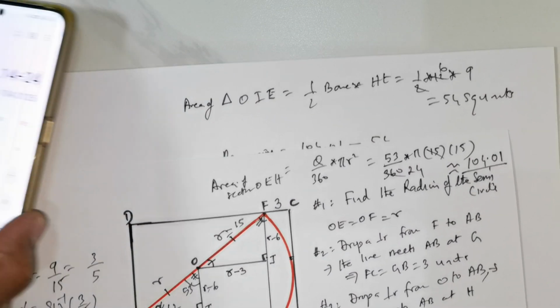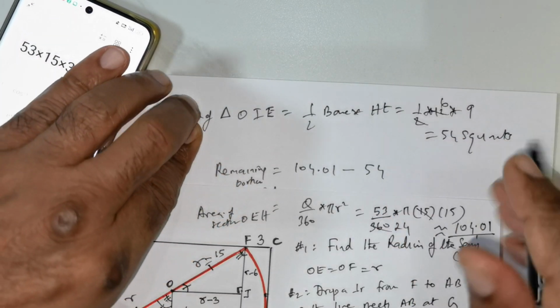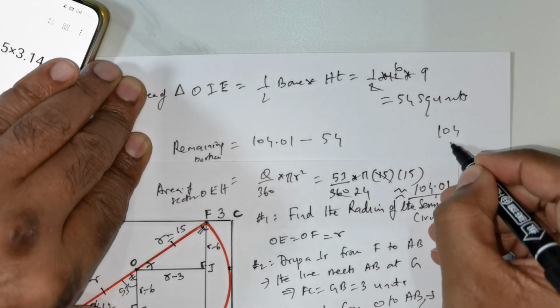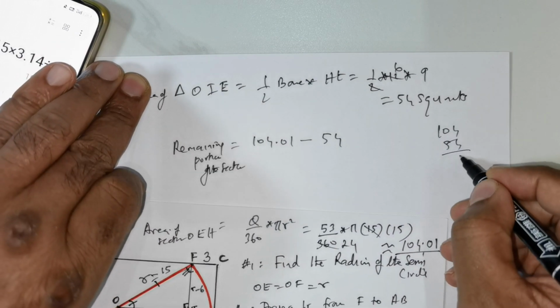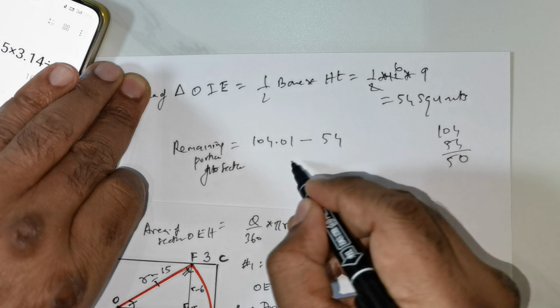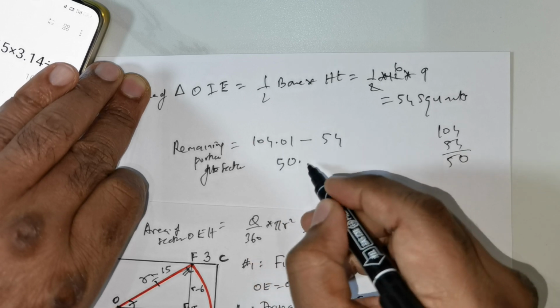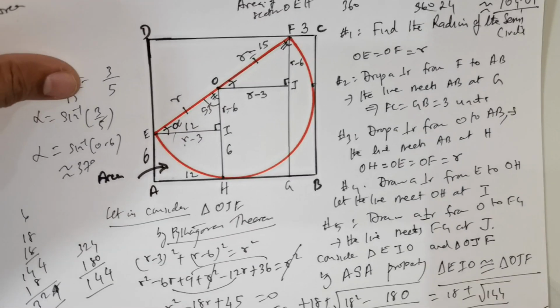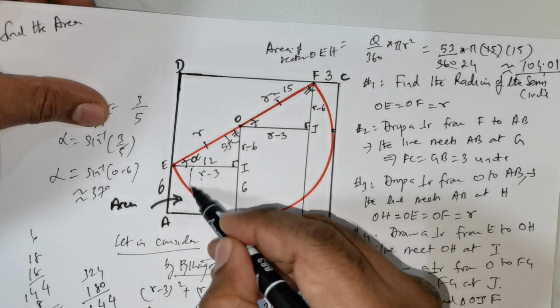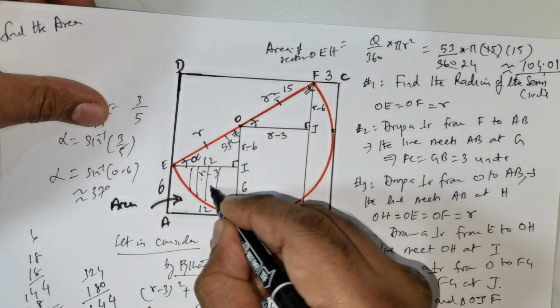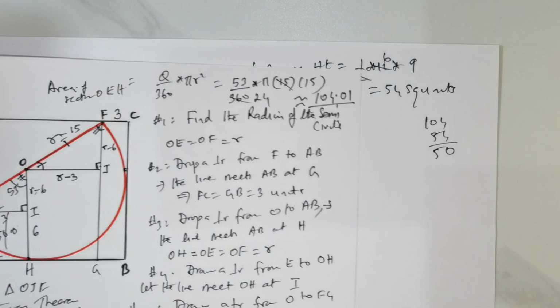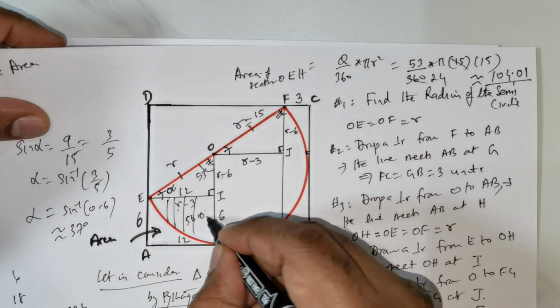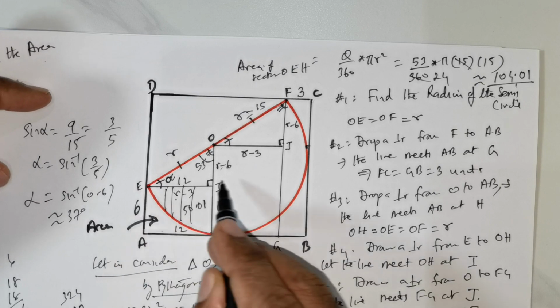So let me do that. 104.01 minus 54, it's going to be 50.01. So that has been got. So we have got that. We have got this portion. So this portion is 50.01.